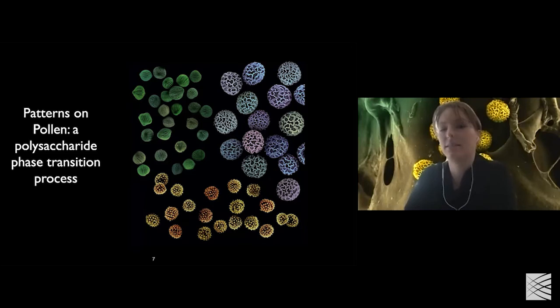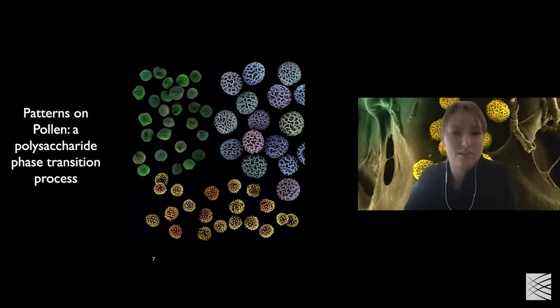On the right, these are passion fruit or Passiflora, which is the flower that produces the passion fruit pollen grains. As a physicist, I would argue that these patterns look sort of foamy, but in the literature, they're mostly called reticulate. And then on the bottom, you have some pollen from sunflowers or daisies, and they're spiky, as you can see.